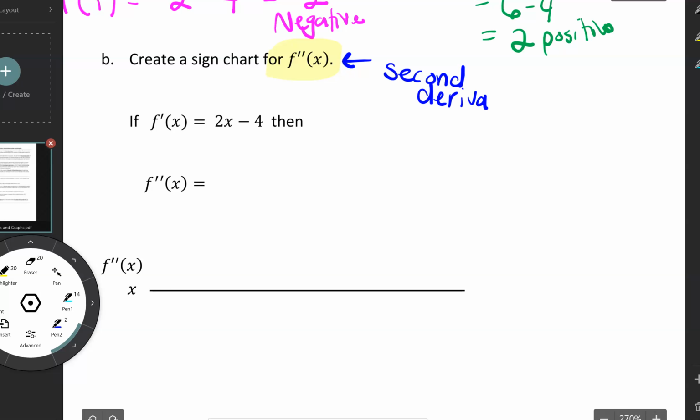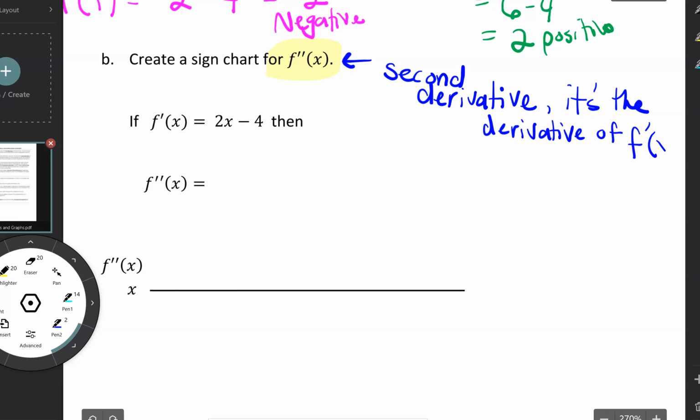A second derivative means you take the derivative of the derivative. So it's the derivative of the first derivative. So f prime, we're now going to call that the first derivative. And f double prime will be called the second derivative. It's just the derivative of the derivative.